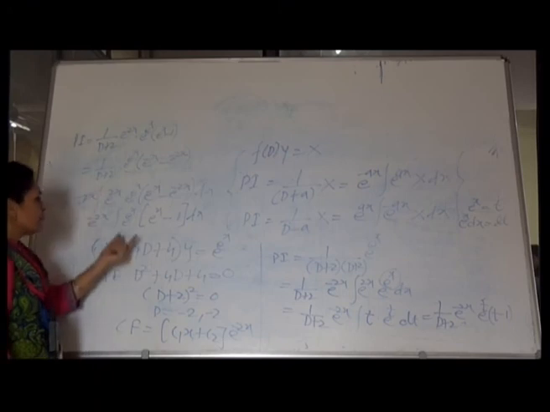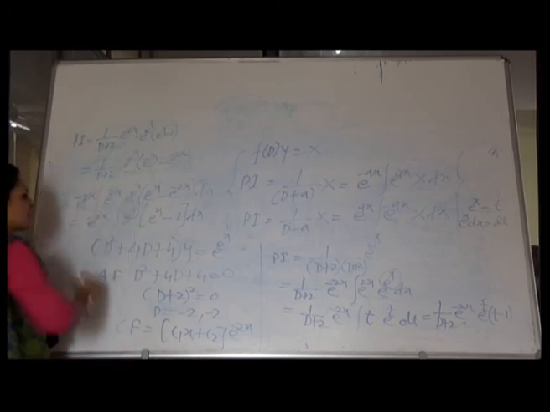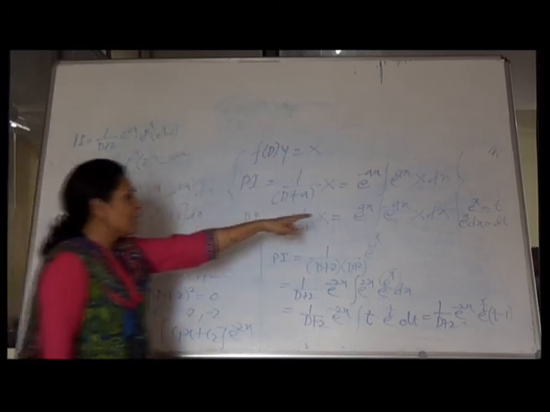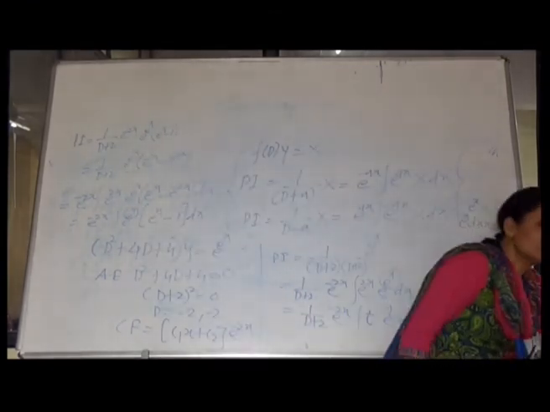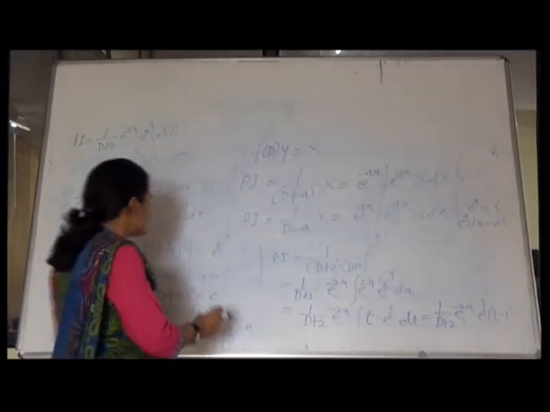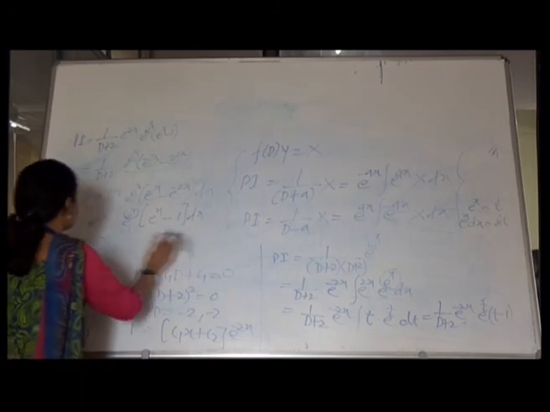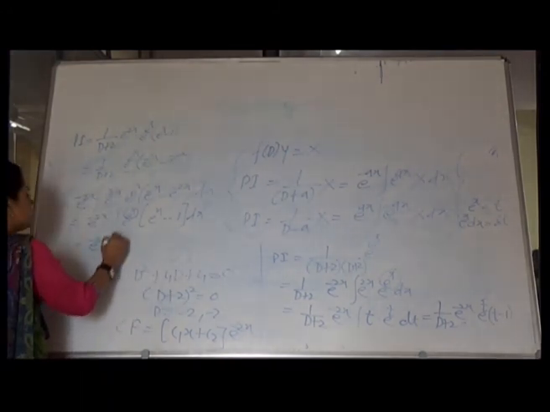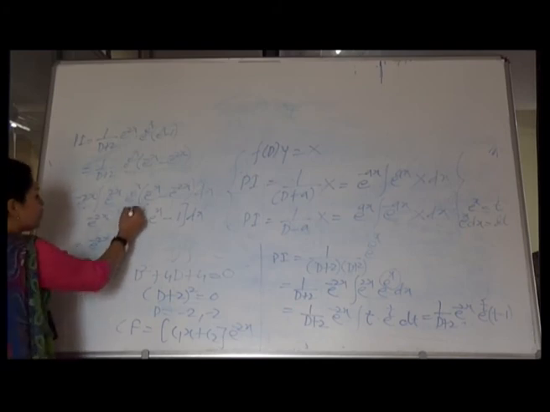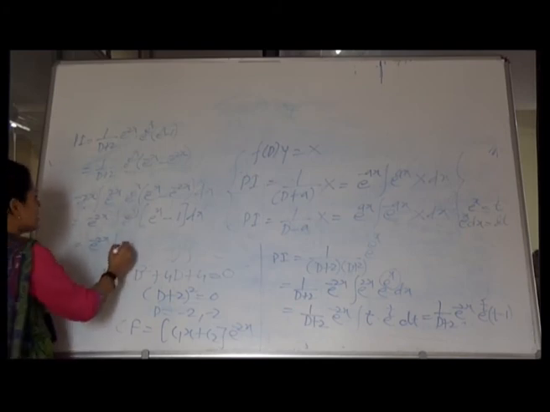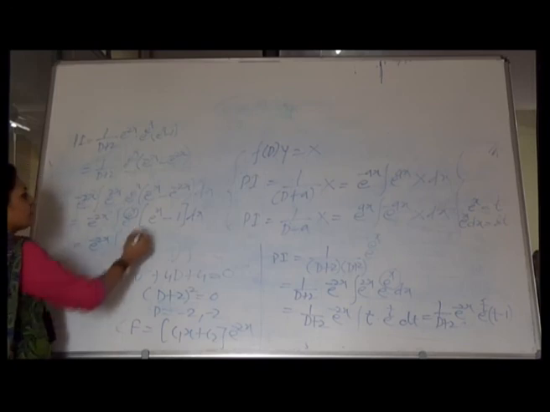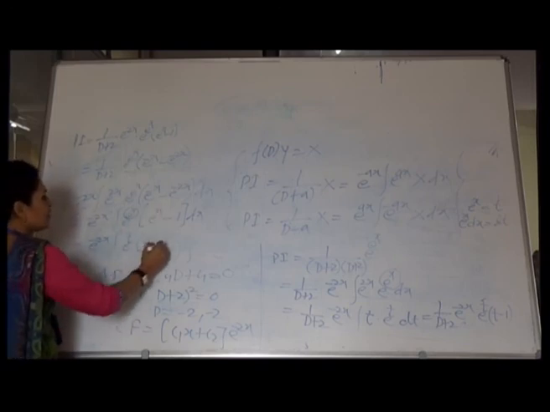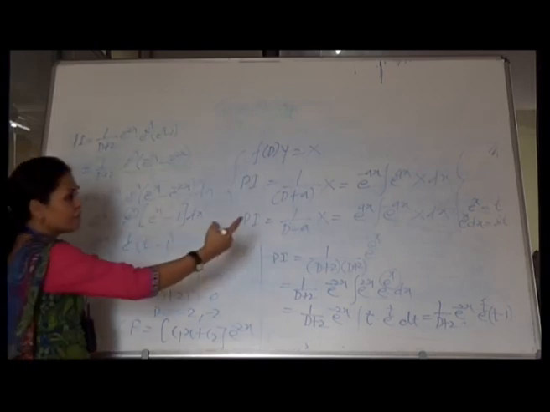And what is the answer? Again you have to substitute e raised to x as t, and e raised to x dx becomes equal to dt. Let us solve this one step ahead. This gives me e raised to minus 2x integral. If I put e raised to x as t, that gives me e raised to t. This e raised to x is t minus 1, and what about dx?